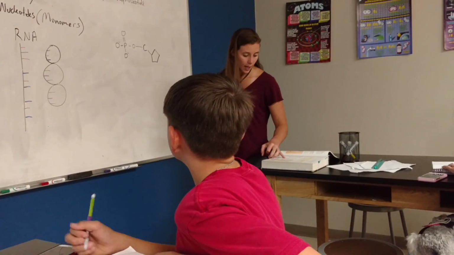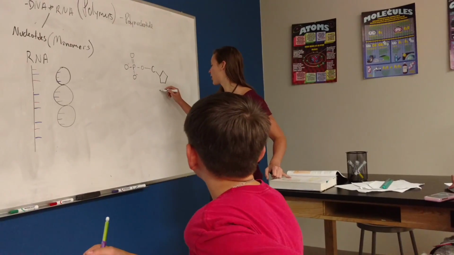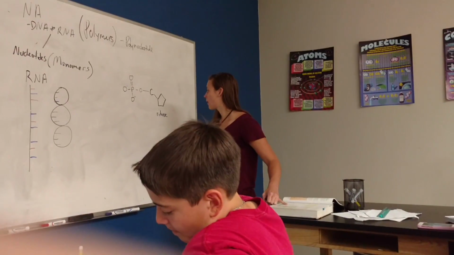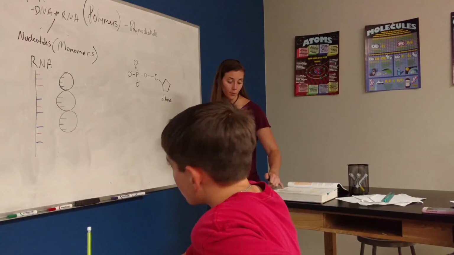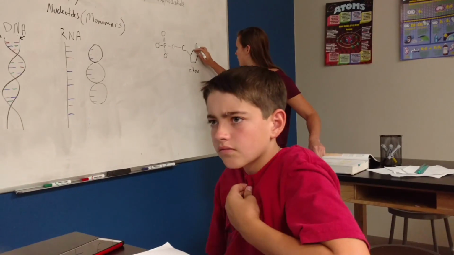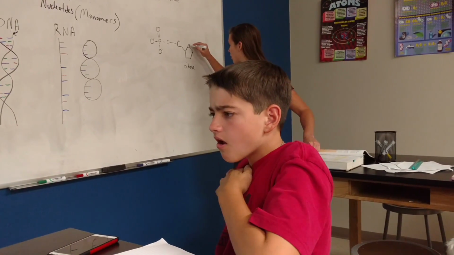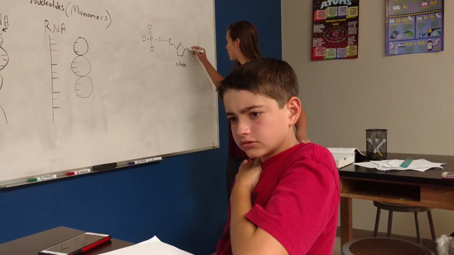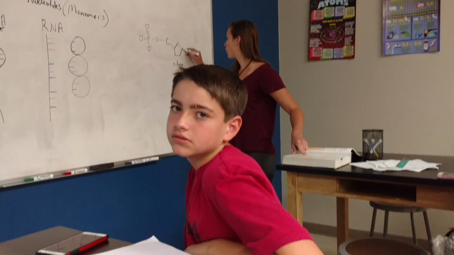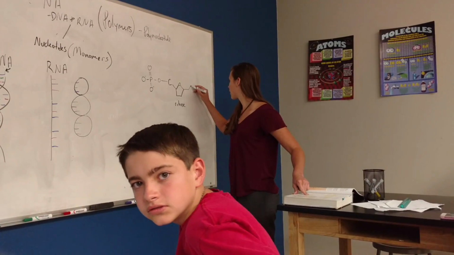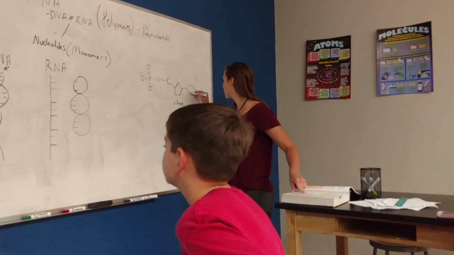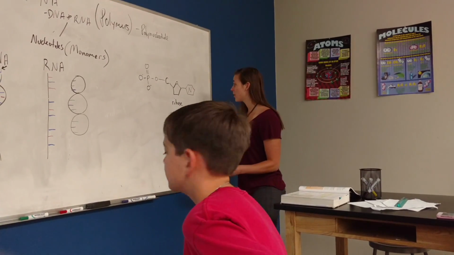So this is a sugar called ribose. And this is actually oxygen, and off of this first carbon we have a nitrogenous base, and I'm just going to symbolize that by putting an N in the middle of it right now.